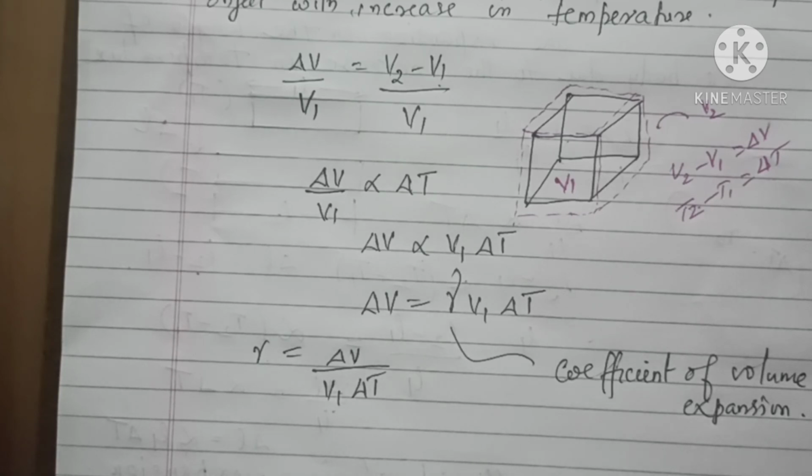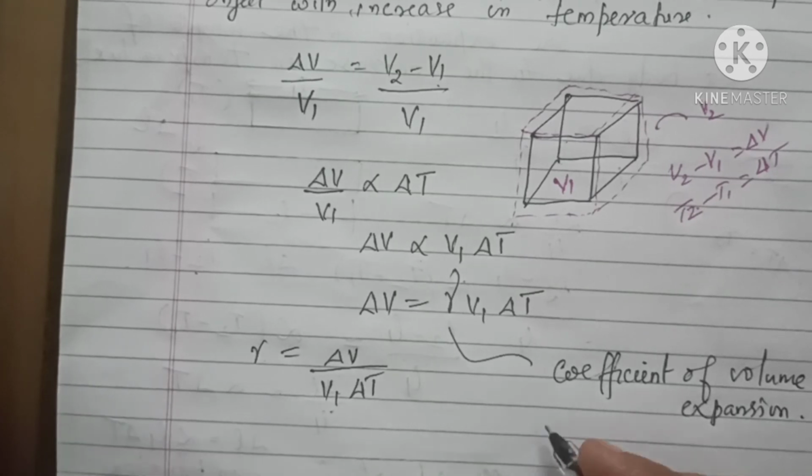So this is also a characteristic of the material of the object, but not strictly a constant. The coefficient of volume expansion depends generally on temperature, and its value first increases with temperature and then becomes constant at a higher temperature.